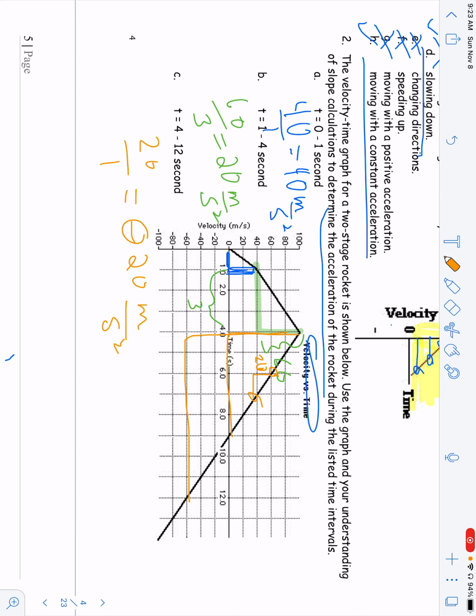Let's double check. What if we did the entire triangle? 100 minus a negative 60 is 160, divided by that whole run, 12 minus 4 is 8. 160 divided by 8 is 20, and again, it's negative.